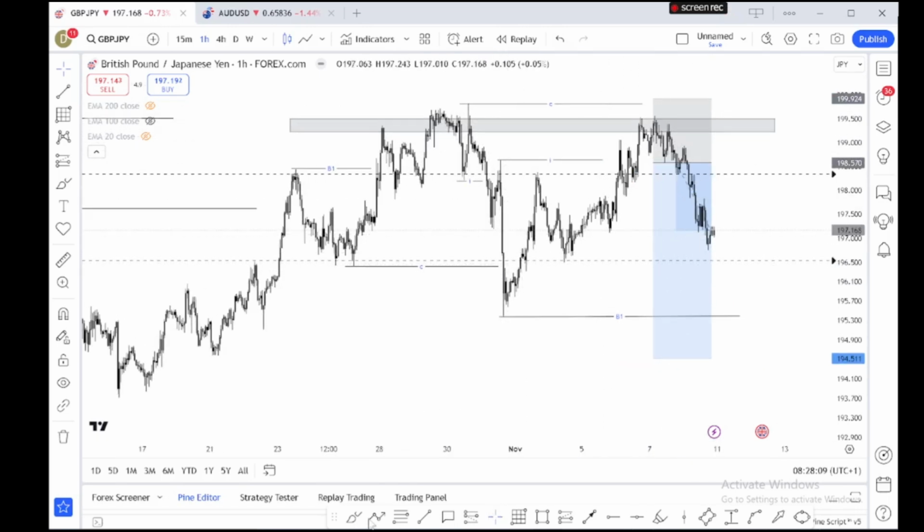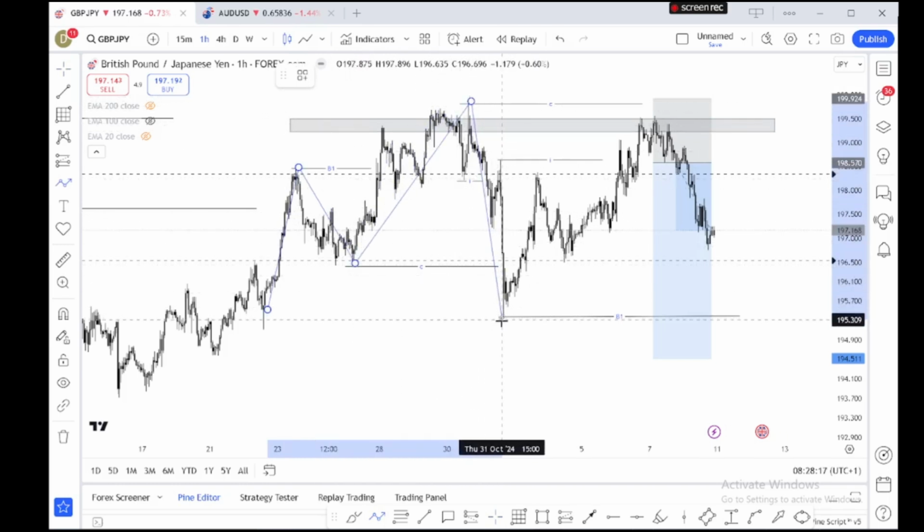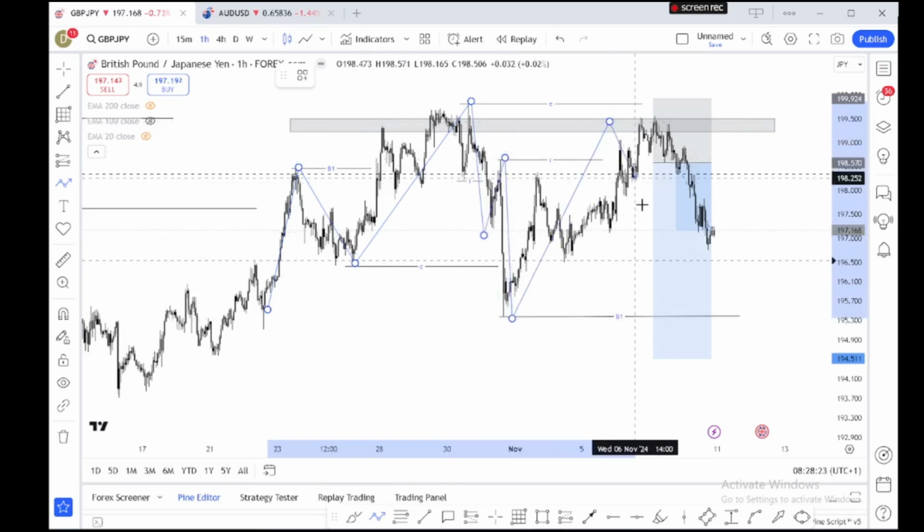This is exactly what we have here. Market gave us change of character, but on its way it created inducement, change of character, and went back, and I'm expecting it to drop.